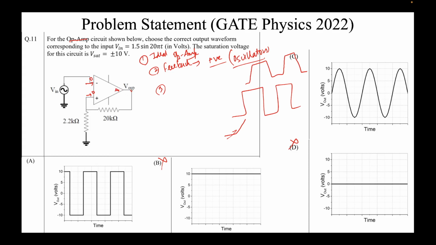This is the V out terminal that we have here. Since this is a virtual short, the value here would be V in.